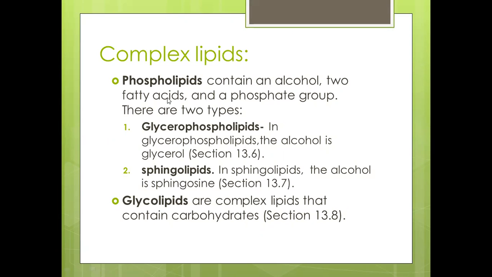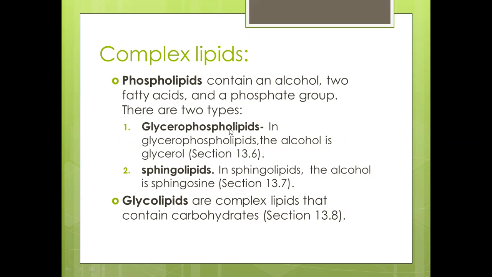The fatty acids have been esterified already. So you have the fatty acids, alcohol, and phosphate group. If there is a phosphate group, a fatty acid, and an alcohol, then you can say that it is a phospholipid.